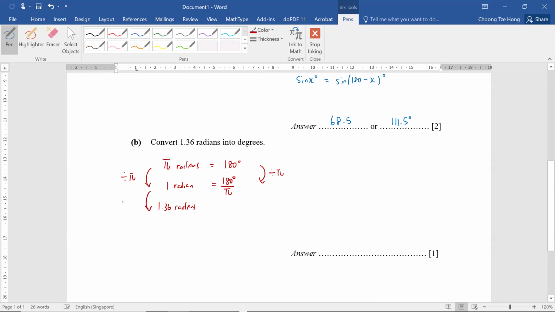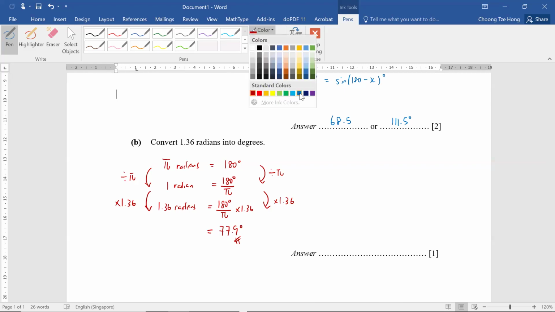from here, I will then times 1.36. So whatever you do on the left side, you do the same thing on the right side and you are fine. Okay, so we will just get 180 over pi times 1.36. And that will give us the answer of 77.9 degrees. Right, so all you need to do is remember this essential thing.